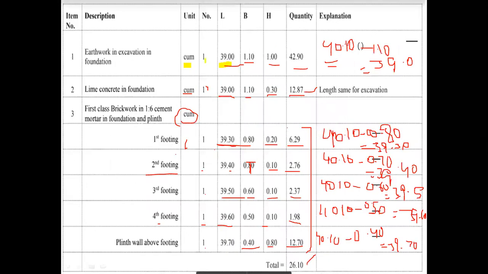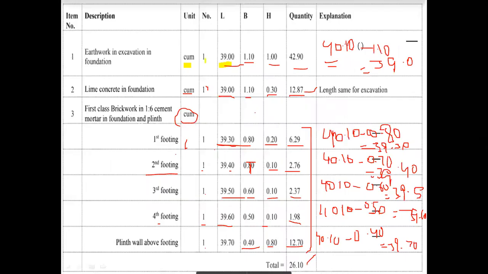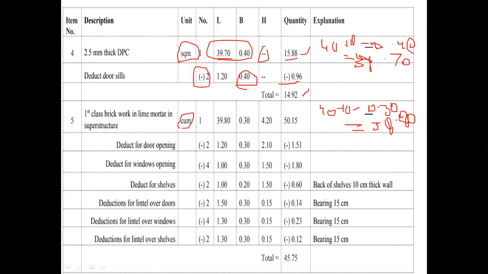This is the superstructure thickness 0.30 and height is 4.2 meters. Substitute 0.3 and 4.2 and length 39.80. Multiply L into B into H, that equals 50.15.